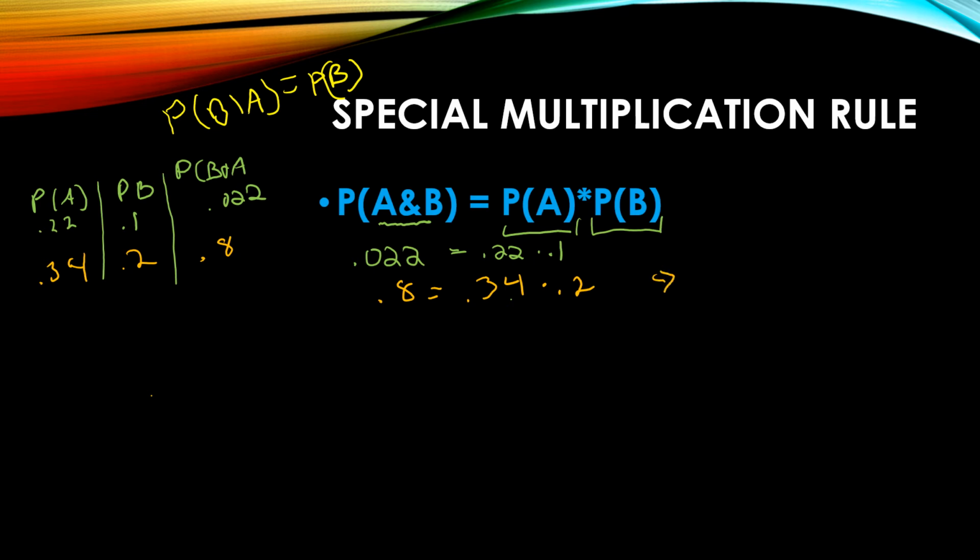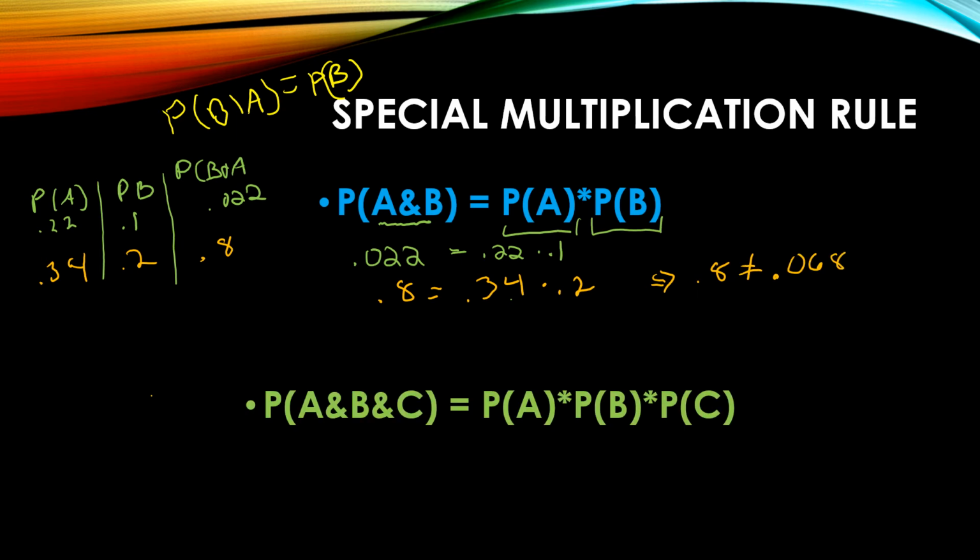And it happens that 0.8 is not equal to 0.34 times 0.2, because that equals 0.068. And this applies when there's more than one event as well. We would just put the probability combined and multiply by the probability of each happening.